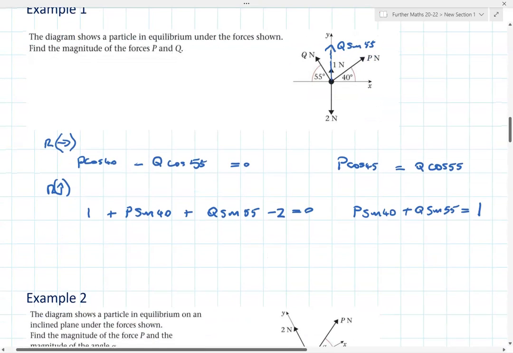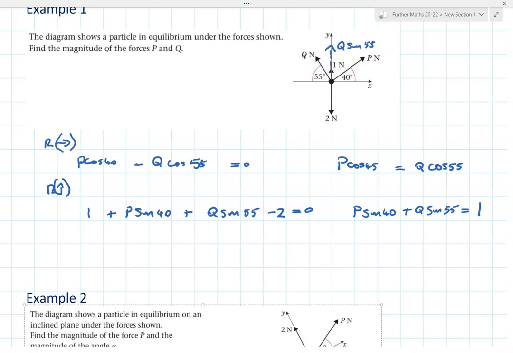So I'm going to do that by substituting, because from this equation here, we have that P equals Q cos 55 over cos 40, which is equal to 0.749 Q, but I've actually stored the more precise value in my calculator, or we can alternatively do it algebraically all the way through.